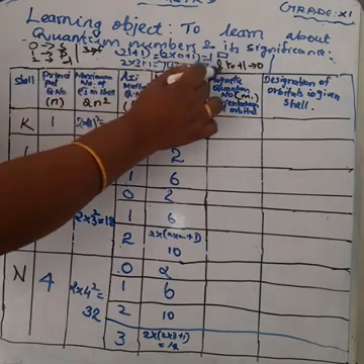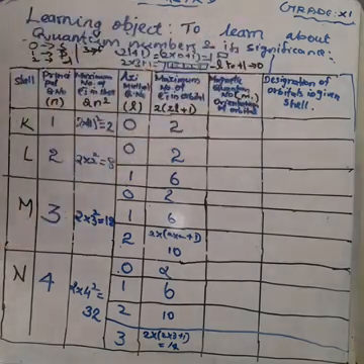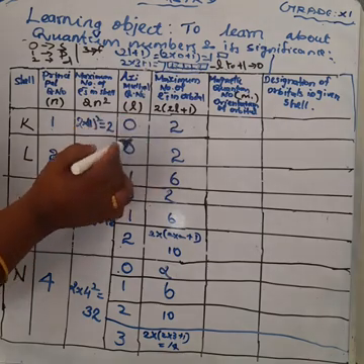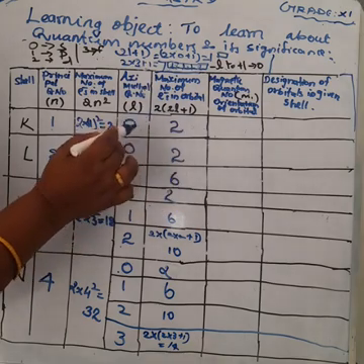Here l value is 0, so the different possible orientation of the orbital here is 0.